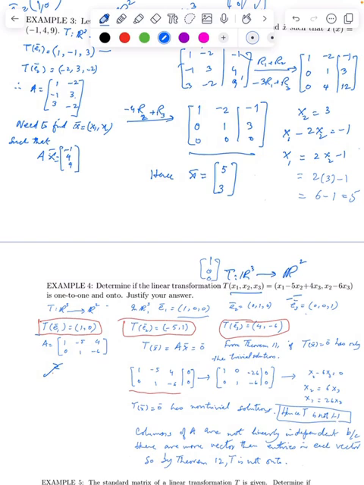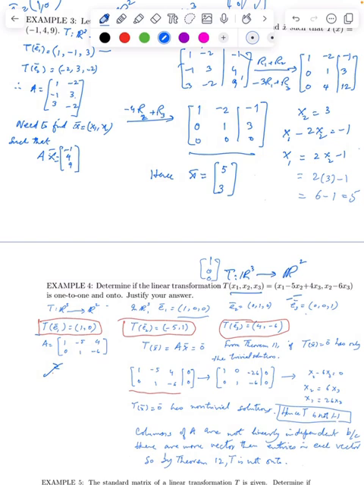Now I'm trying to find the solution of Ax equals 0. From theorem 11, if T of x equals 0 has only the trivial solution, then the transformation is 1 to 1.